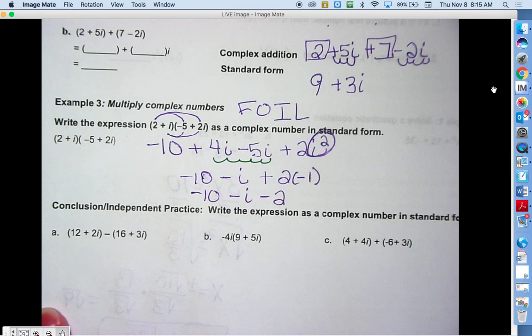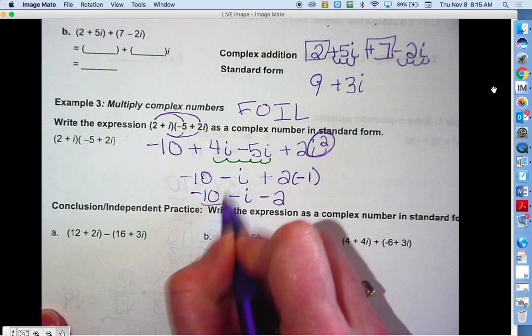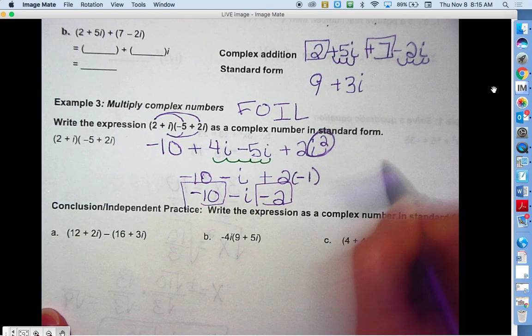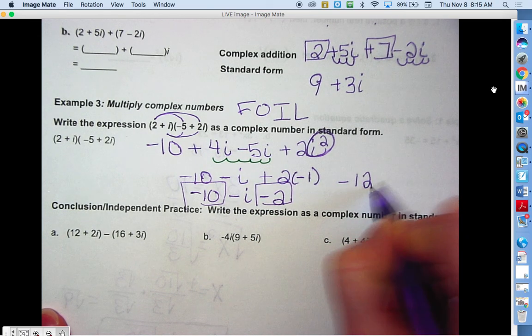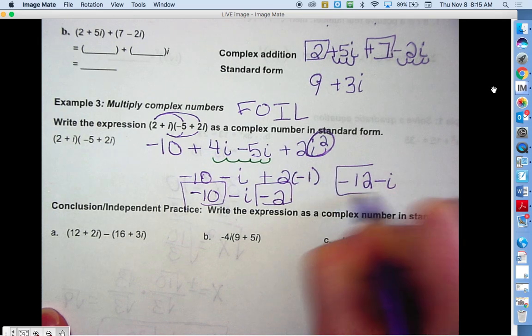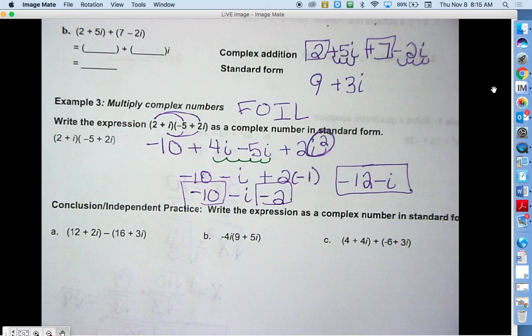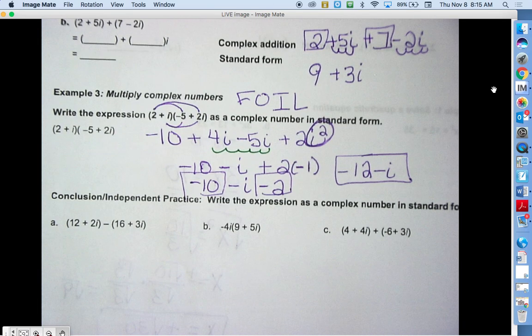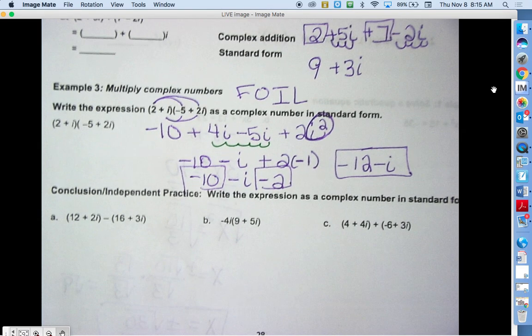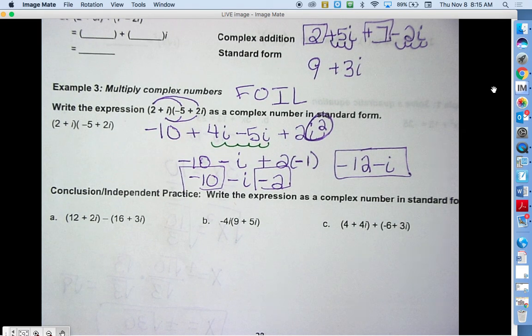Right, this is the part that can be simplified. i squared is really the number negative 1. So if there's an i squared in the problem, we can change that to be negative 1. So we really have negative 10 minus i and then negative 2, because 2i squared is really a negative 2. So combining our real numbers gives us negative 12 and then minus i.